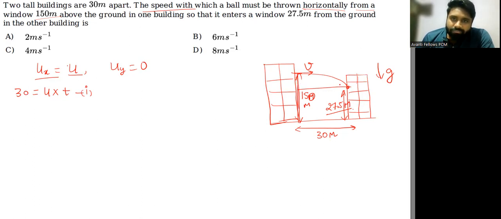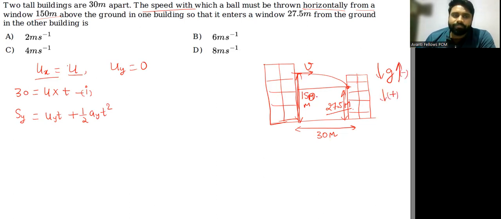So it is 150 minus 27.5. We can apply Sy equals uy t plus 1 by 2 a t square. We consider the downward direction to be positive, for ease.